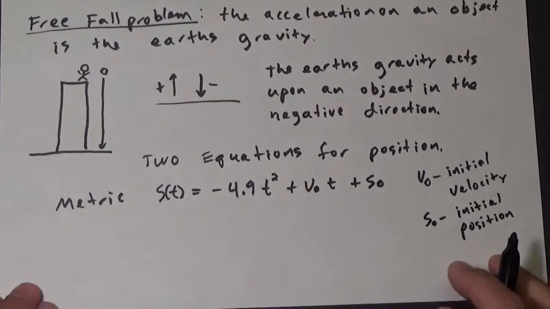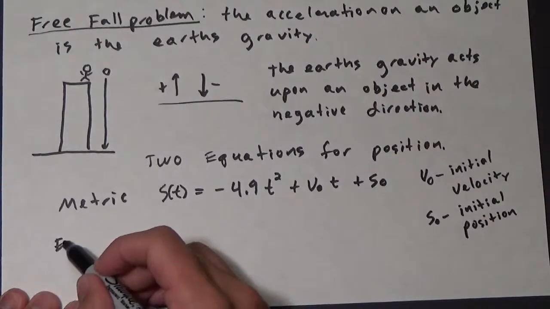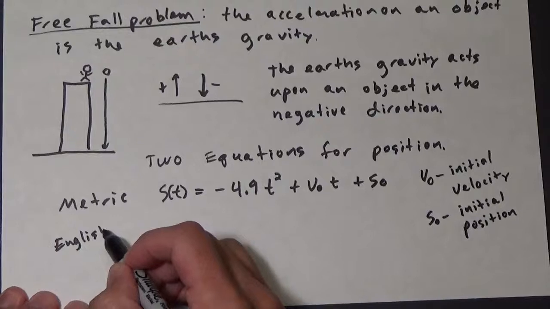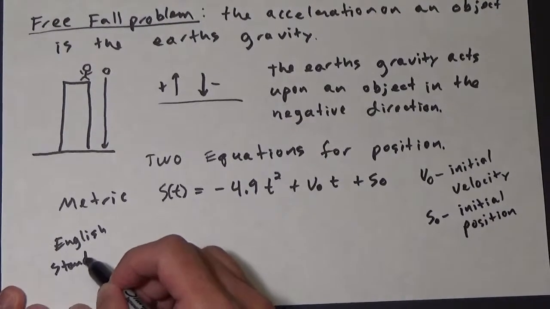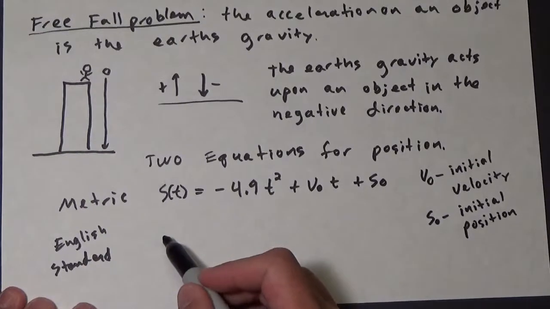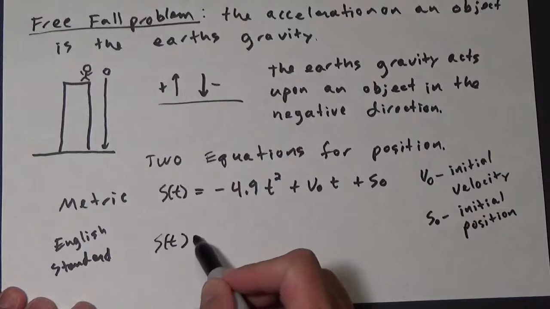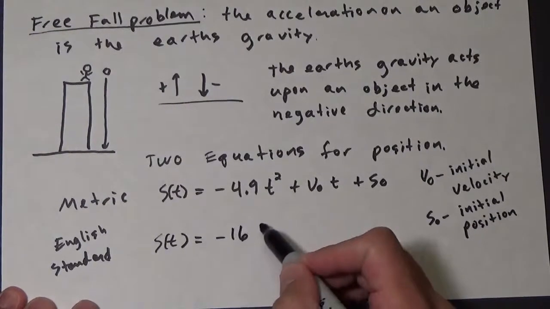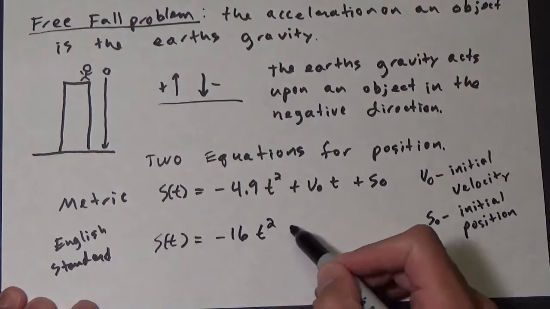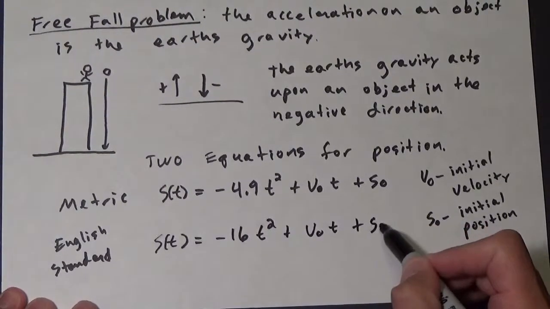The second version, you can call it English or standard, is s of t equals negative 16 t squared plus v sub naught t plus s sub naught.